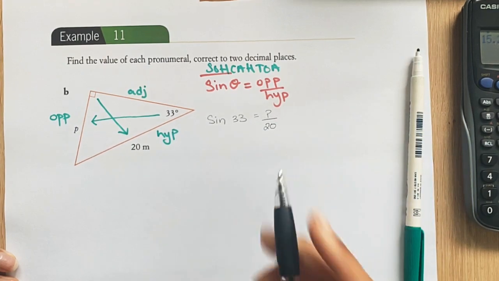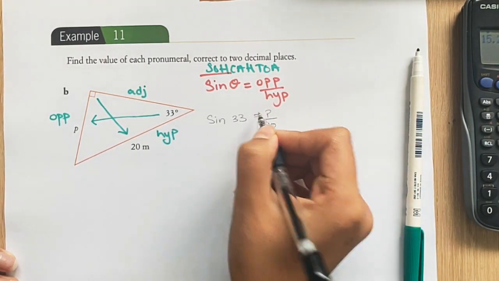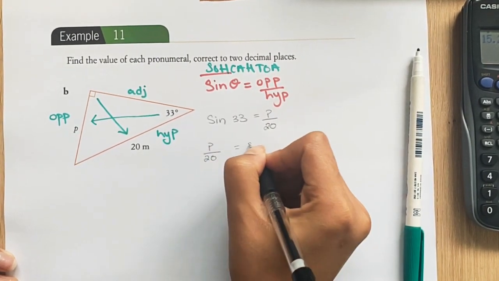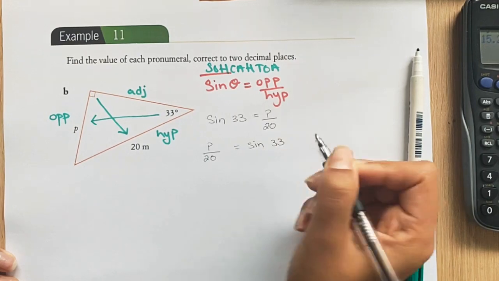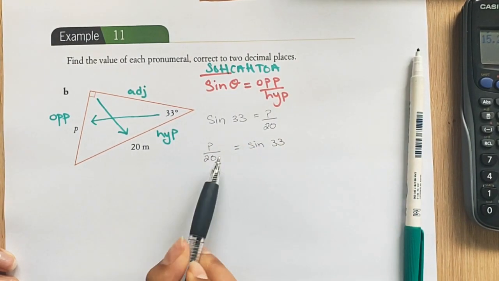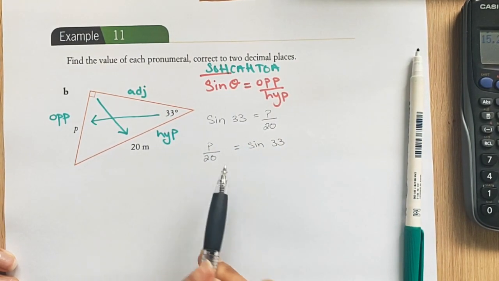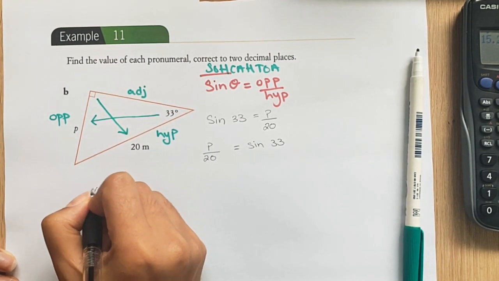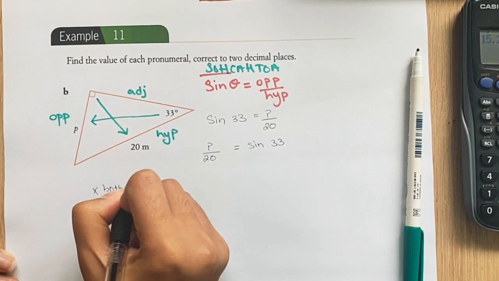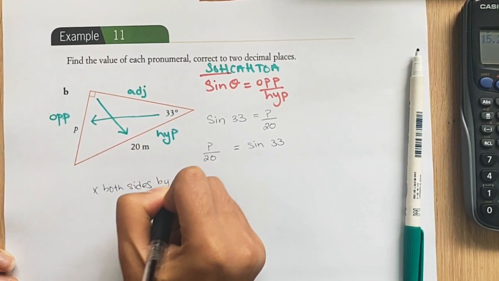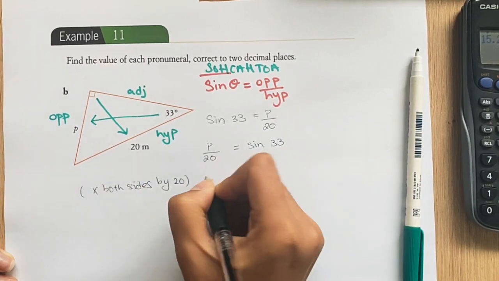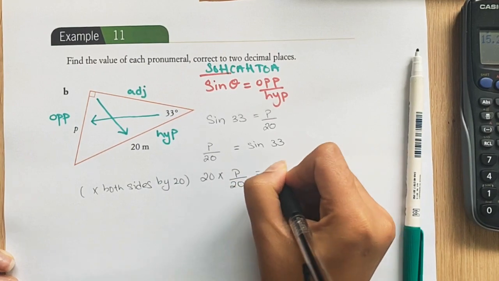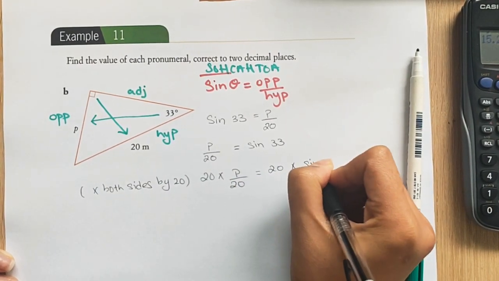Again, I would rearrange my equation so that P is on the left hand side. I want the pronumeral on its own, so I have to get rid of the 20 down the bottom. One way of doing this is to multiply both sides by 20. So 20 multiplied by P divided by 20 equals 20 multiplied by sine 33.